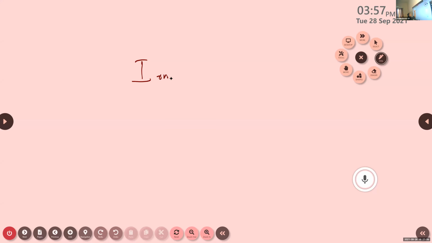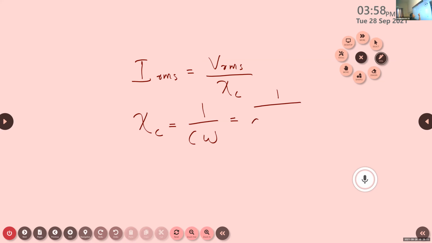IRMS is equal to VRMS by XC. Since we are applying AC voltage through a capacitor, instead of resistance we need to consider the capacitive reactance XC. XC is equal to 1 by C omega. But here the value of omega is not given, so we take 1 by C into 2 pi F.